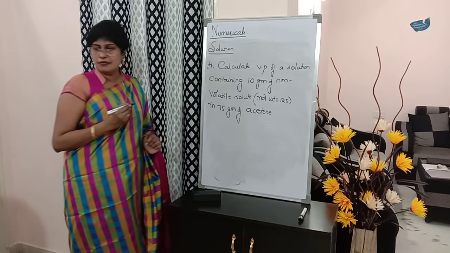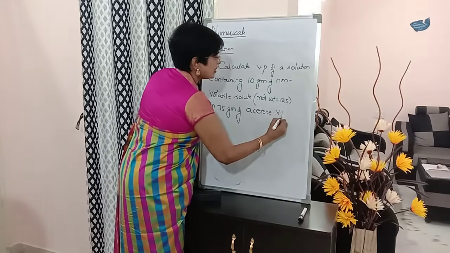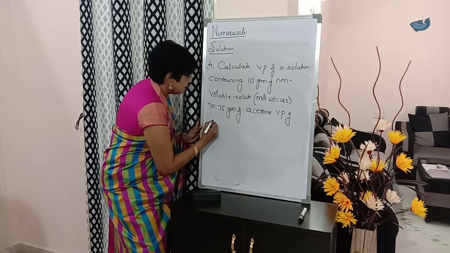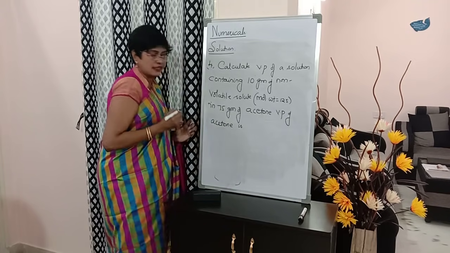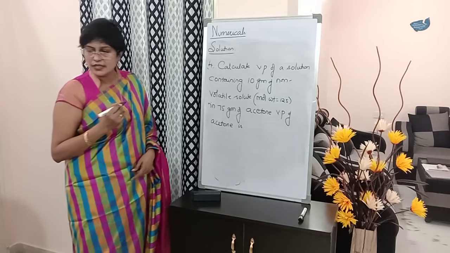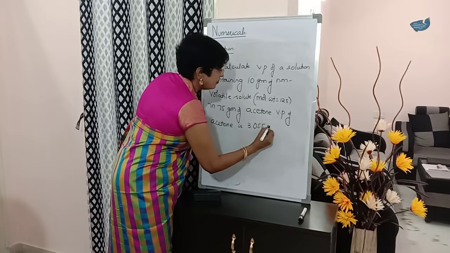75 grams of acetone. Full stop. Vapor pressure of acetone is 3.055 mm.